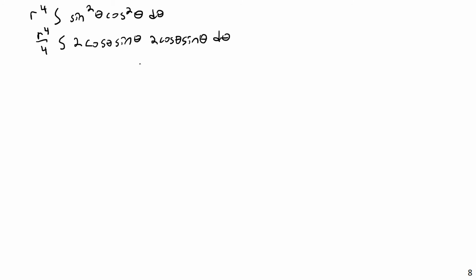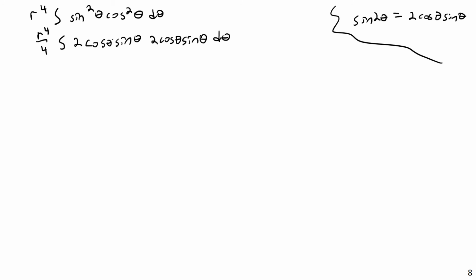The reason I'm able to do that is because there is a formula, one of the double angle identity formulas, that says the sine of 2 theta is equal to 2 cosine theta sine theta.